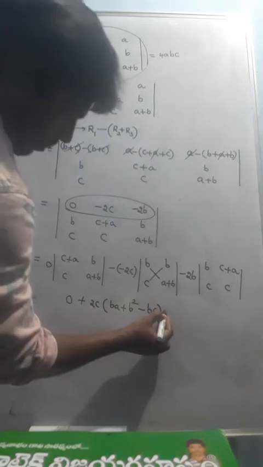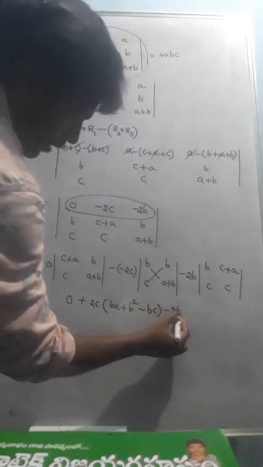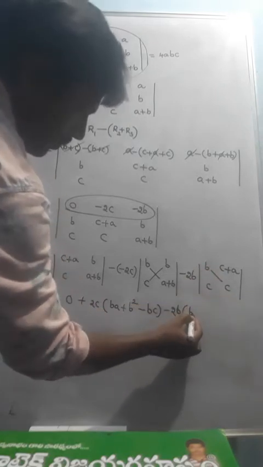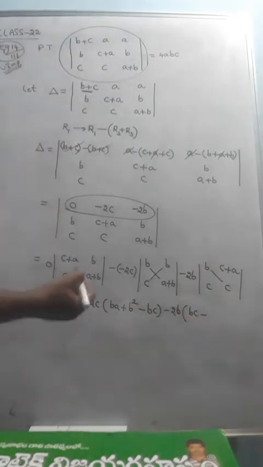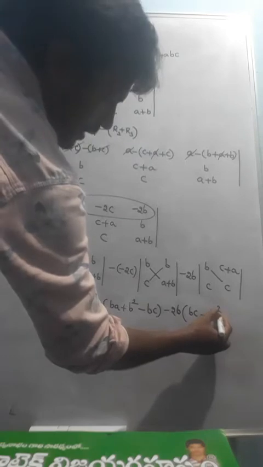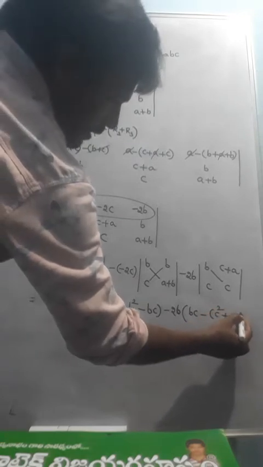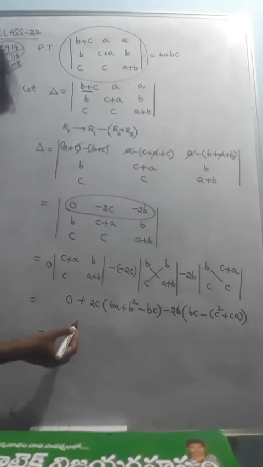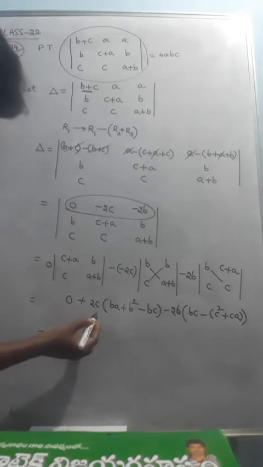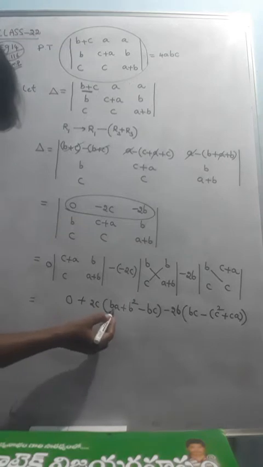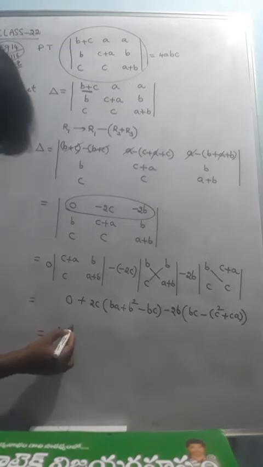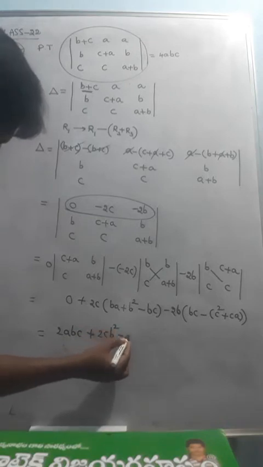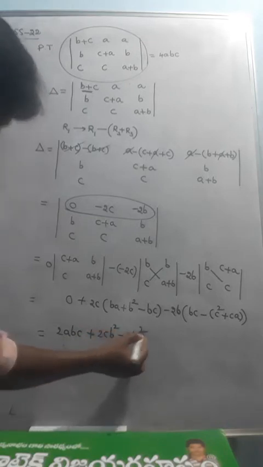Next, minus 2b into b into c, bc, minus of c into c square plus c into a, ca. Next step, 0 leave it. Here 2c into ba, 2abc plus 2cb square minus 2bc square.